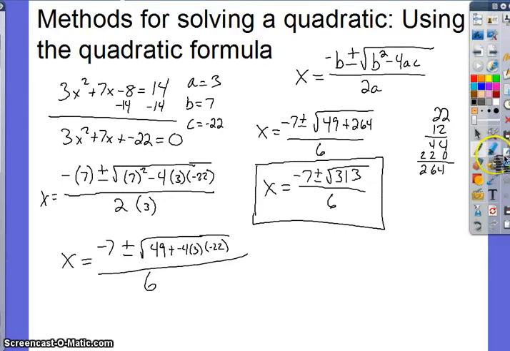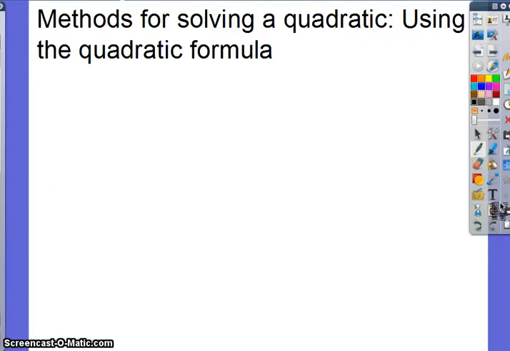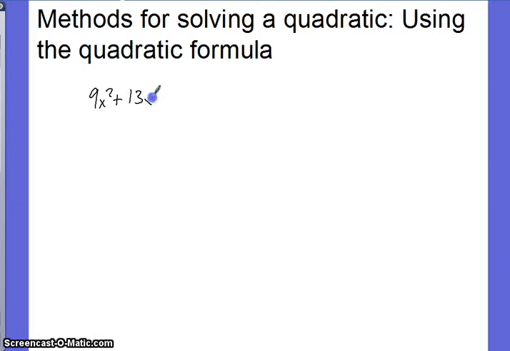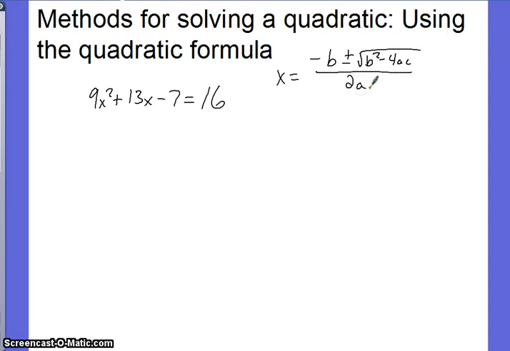Right, so let's do another one. So I have 9x squared plus 13x minus 7 equals 16. Again, our quadratic formula, minus b plus or minus square root of b squared minus 4ac all over 2a.